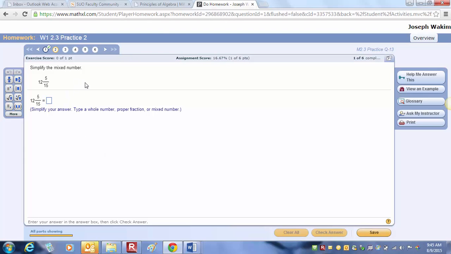Simplify the mixed number. So how do we simplify the mixed number? Notice that this fraction is reducible because the numerator and denominator are divisible by 5. So 5 by 5 is 1, 15 by 5 is 3. So that would be 12 and 1 over 3.